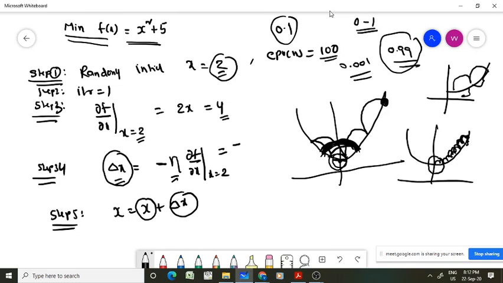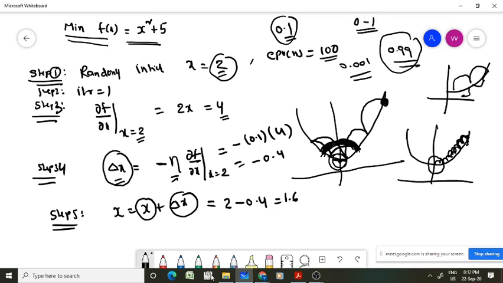Minus, if you choose the learning rate equal to 0.1, minus 0.1 into dou f by dou x at 2, which is 4, that's equal to minus 0.4. Now what is the new value of x? That's the previous value of x equal to 2, plus delta x equal to minus 0.4, which equals 1.6.